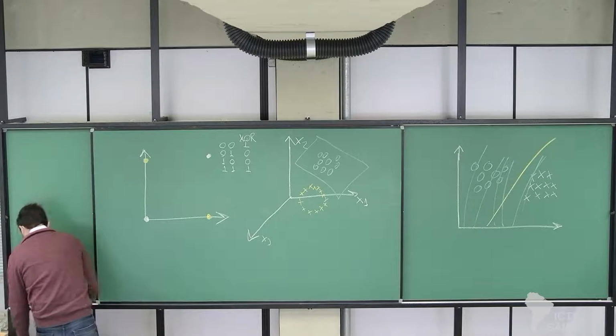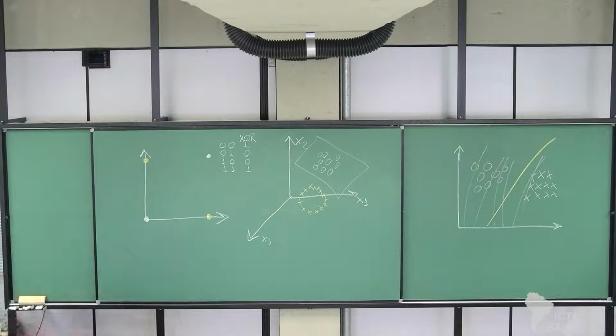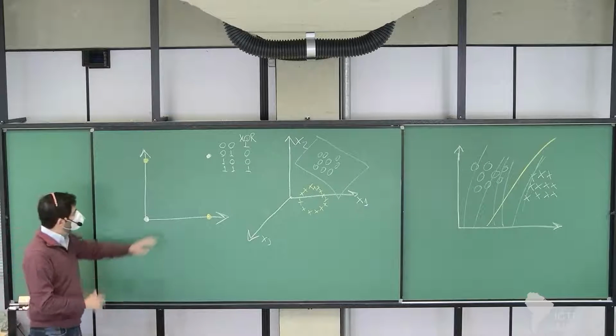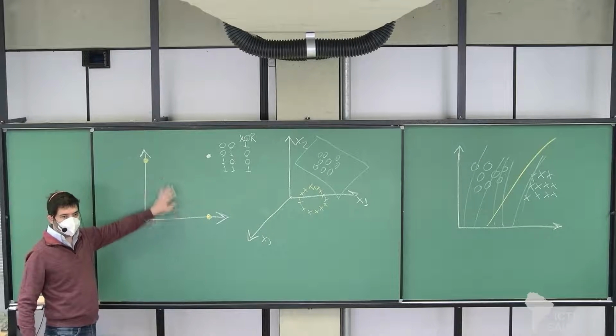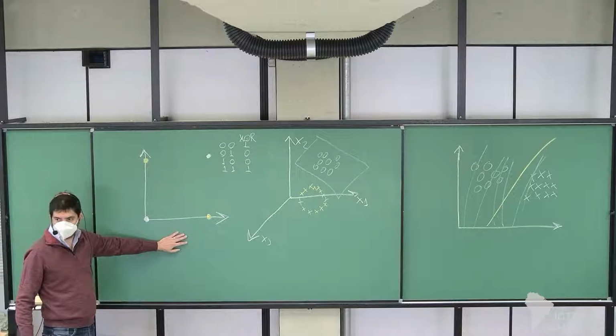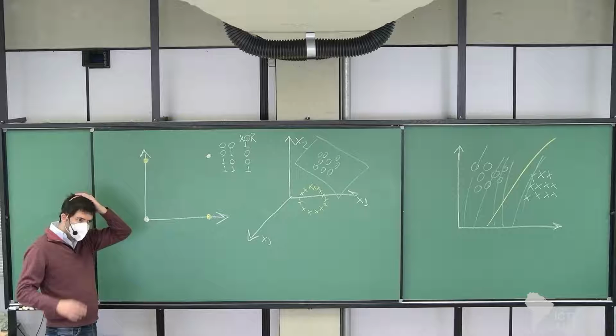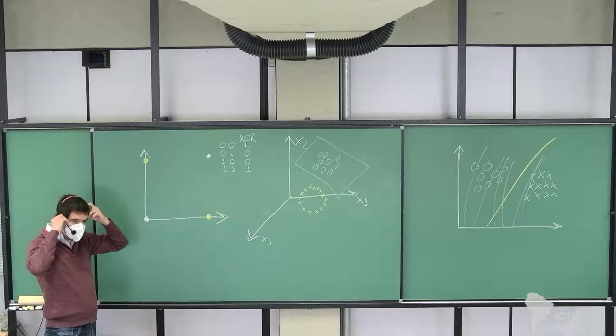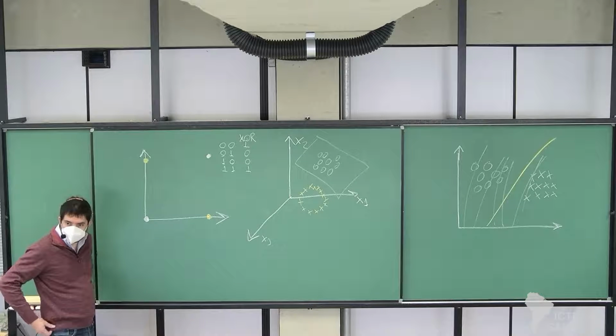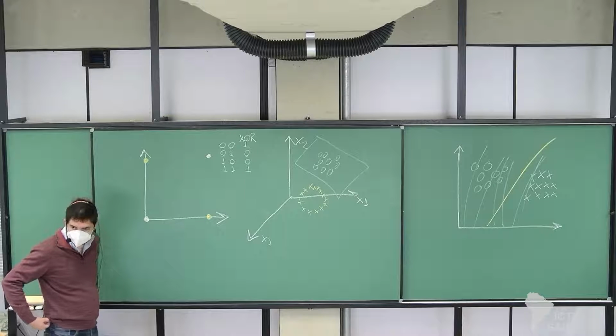But look, if you have these points, is it possible to separate these points with a hyperplane? Only one straight line? So see, it's a very easy problem, only 4 points, and you cannot solve it with a perceptron.